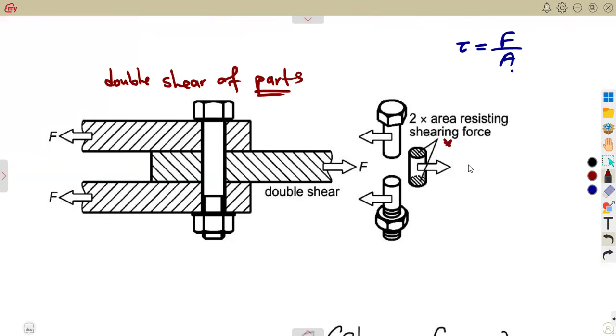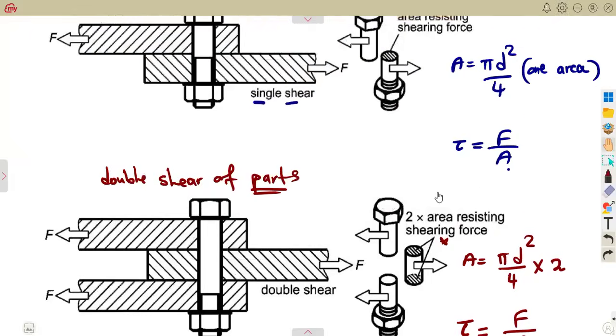If our area was going to be calculated from pi d squared over 4, you're simply going to multiply everything by 2. The area is doubled. And from that area, what are you going to do? Definitely calculate your shear stress, force over what? Over the area. Your stress is also affected because the area is multiplied by 2, doubled.